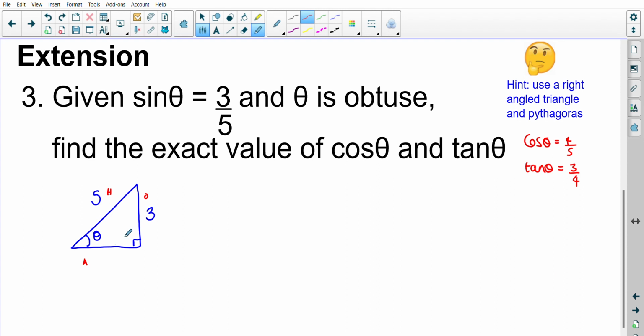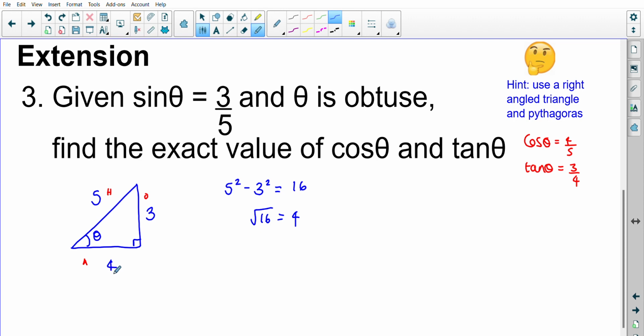That means I can find the adjacent side using Pythagoras, because the adjacent side will be 5 squared minus 3 squared. So that's 25 minus 9, which is 16. And then I'll have to square root the 16.